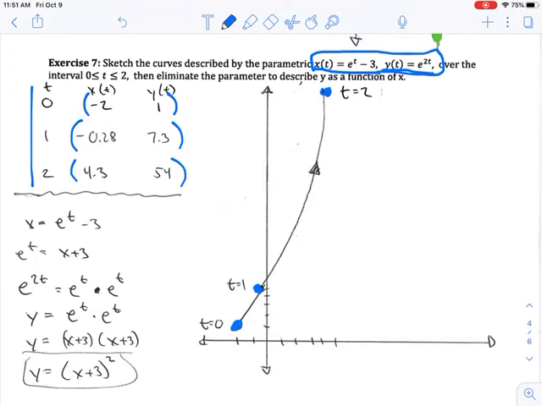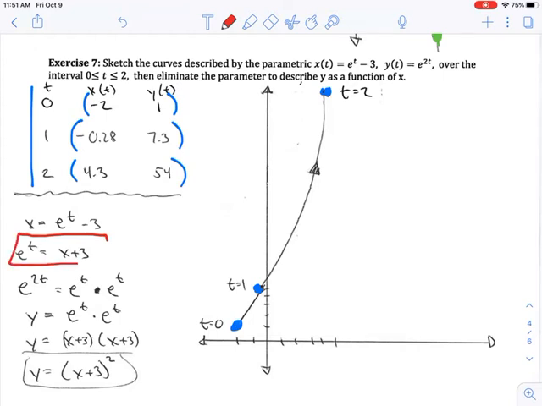So eliminating the parameter here is a little trickier as far as the algebra goes. Starting with x equals e to the t minus 3, I chose to just solve that for e to the t. Not solving it for t, that would require the use of logarithms, and I didn't want to go there. Not to say we couldn't, but I didn't want to go there because I saw something else I could do.